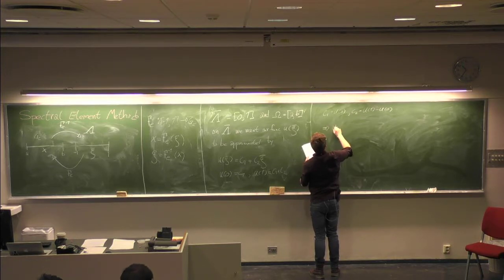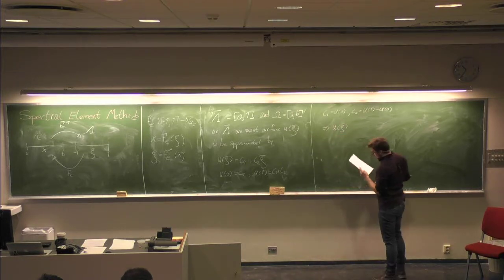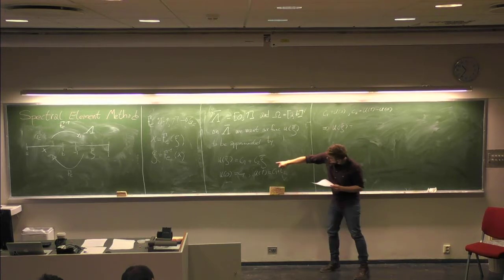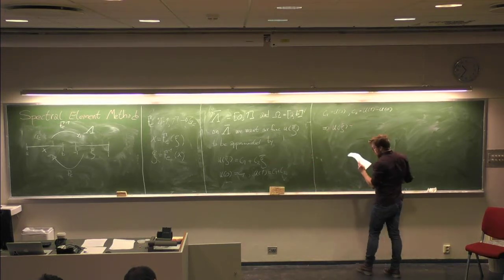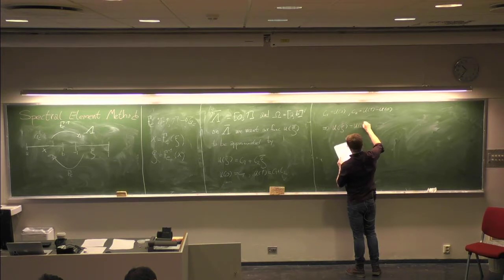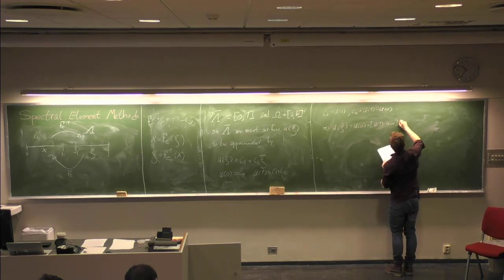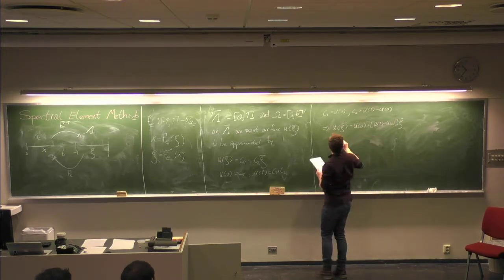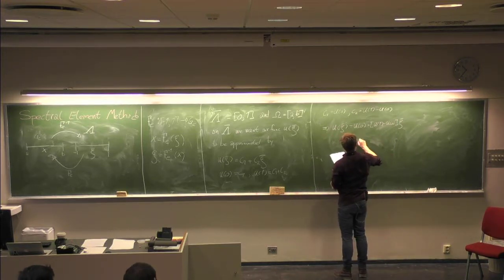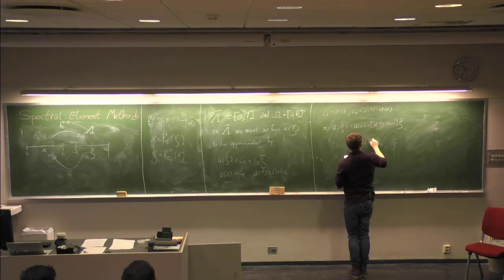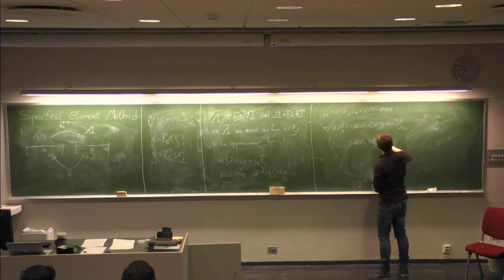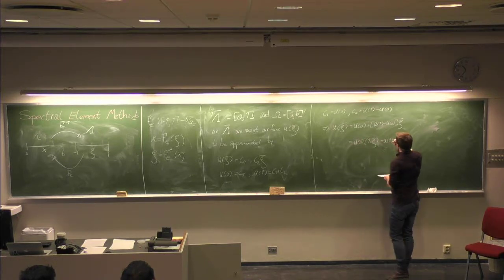This means that u of Xi bar is, now I'm just inserting what they are supposed to be, u of 0 plus u of 1 minus u of 0 times Xi bar.